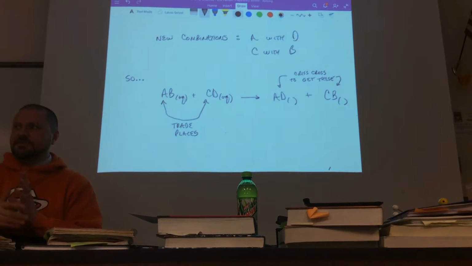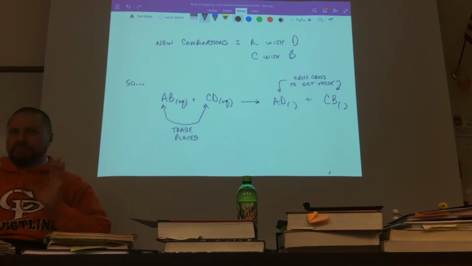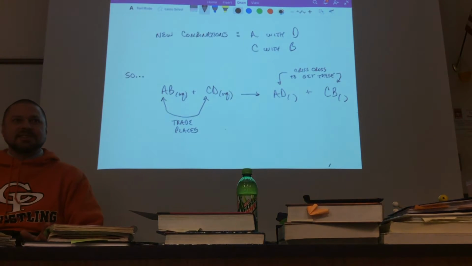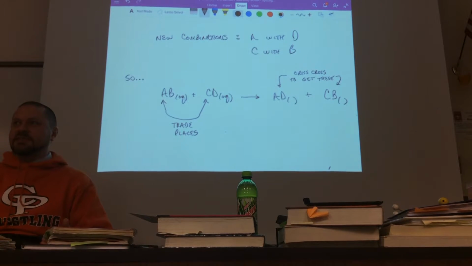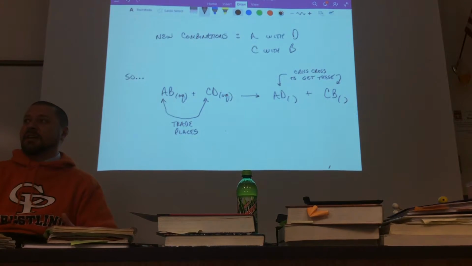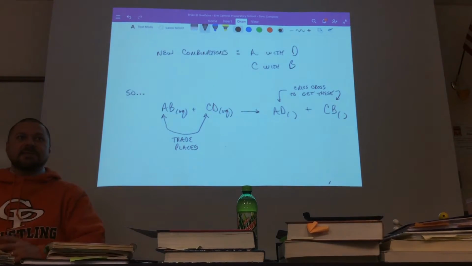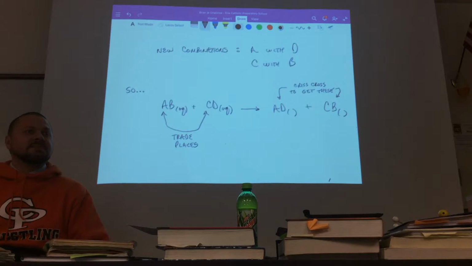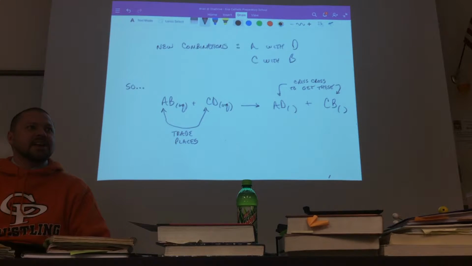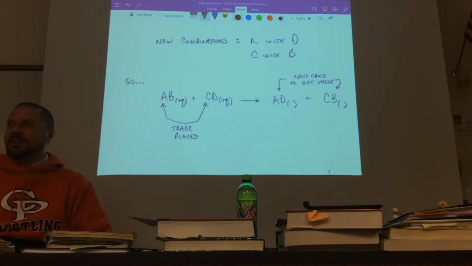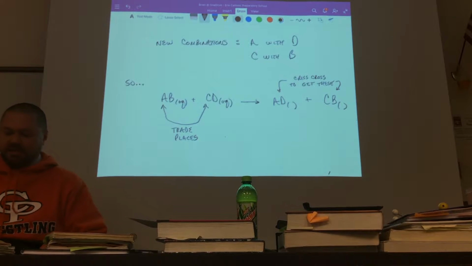All right, so just when you start this out, it'll look intimidating, but don't fret, okay? It's not as bad as it looks. And then when we go tomorrow to do the next type of reaction, it's going to be very similar. And on Friday when we do the last type of reaction, it's going to be very similar. So it's going to be the same thing over and over for five class periods in a row. I think you guys are bright enough to get this. Okay? And I say that sarcastically because I know.